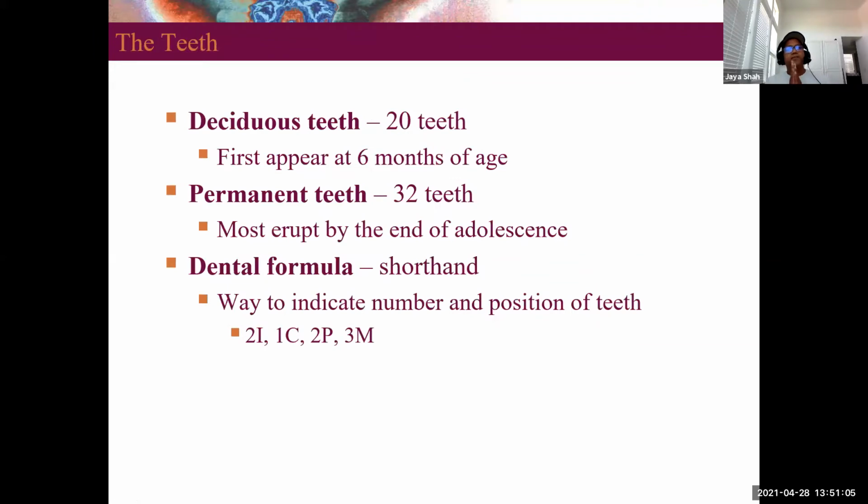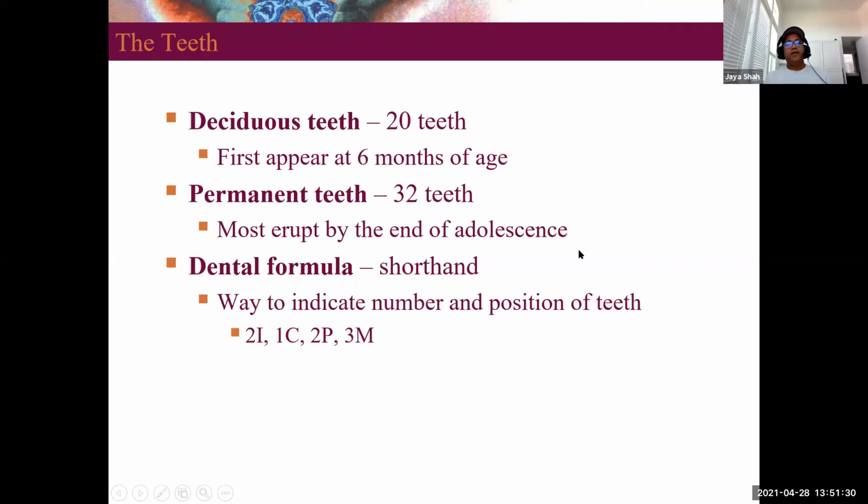Teeth can be classified into two groups: deciduous teeth, which are only 20 in number and start appearing at the age of 6 months, then start going away from around 4 to 6 years of age. Permanent teeth are 32 in number, and most erupt by the end of adolescence.